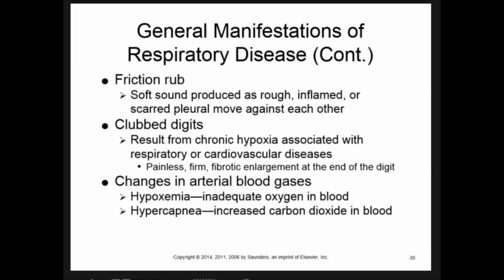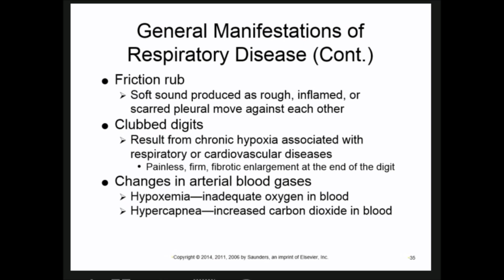Friction rub. This is a rubbing sound. The pleura, how many layers do we have? Two: visceral and parietal. It's usually smooth, with a little bit of fluid in between, and when you breathe, the friction doesn't produce any sound or pain.